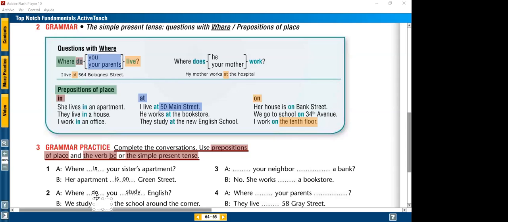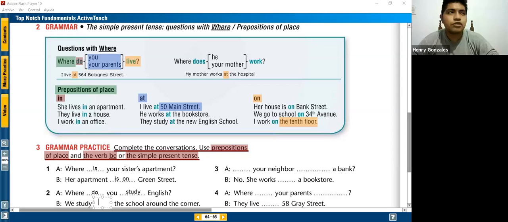And now, please, tell me. We study in the school around the corner. Okay, in the school around the corner. What do you say? ¿Qué dicen ustedes por ahí?